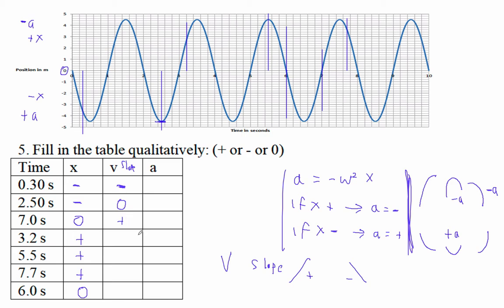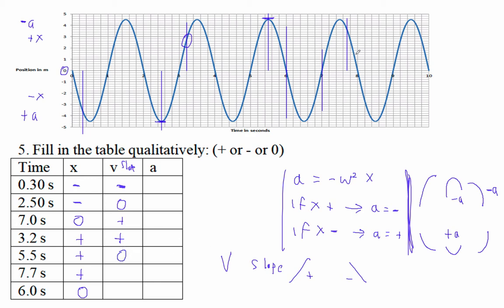Okay, let's see, 3.2 seconds. That's another positive slope right there. Positive slope. It's going up, right? Not as much as it is at 7, but it's still going up. All right, let's see, 5.5. That's another 0 slope, right? Tangent line there is going to be 0.